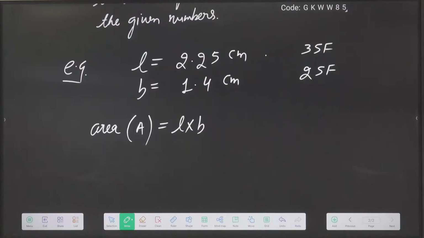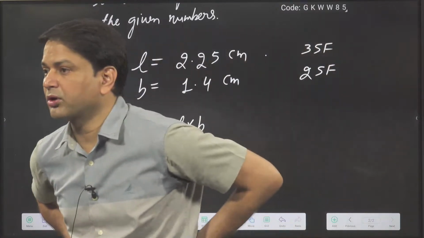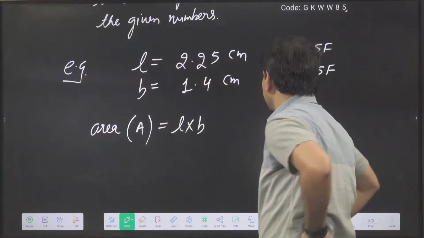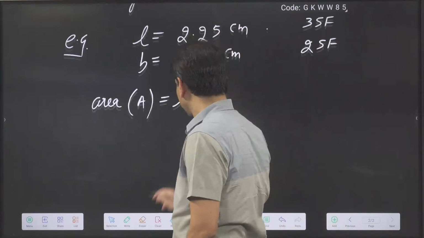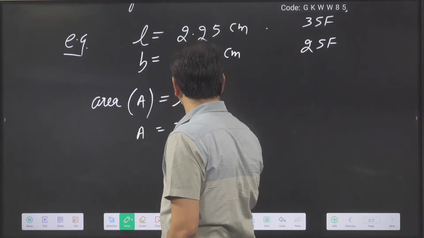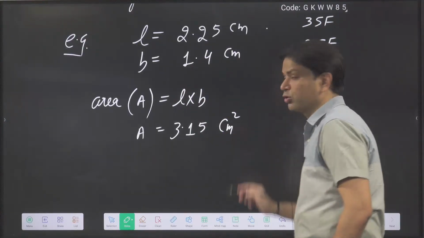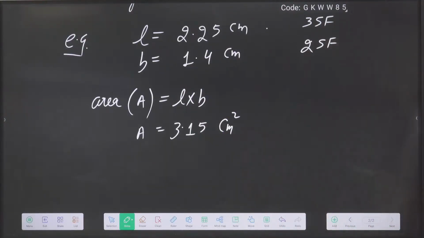So 2.25. What is the product you are getting? By multiplying, you will get A equal to 3.15 centimeter square. But you have to write up to 2 significant figures.